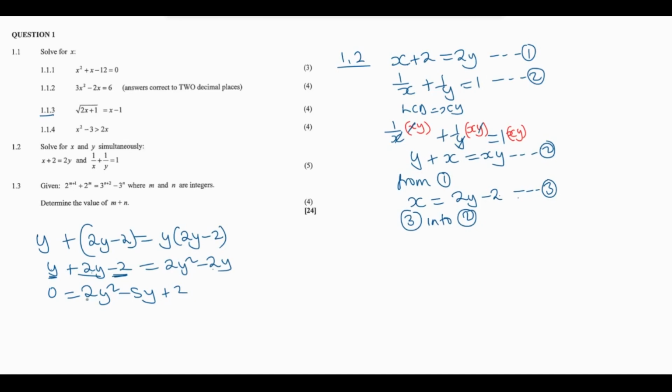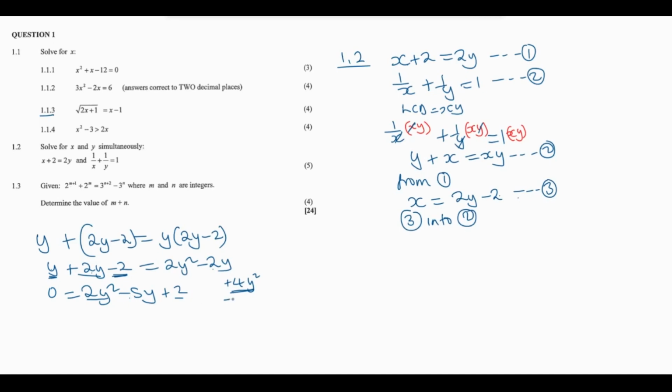So we say 2y squared times 2, we get 4y squared. Then we look for the factors of 4y squared that can give us negative 5y. So 4y squared is positive, so both factors must have the same sign. It can be negative, negative, or positive, positive. But negative 5 confirms that it should be negative, negative.